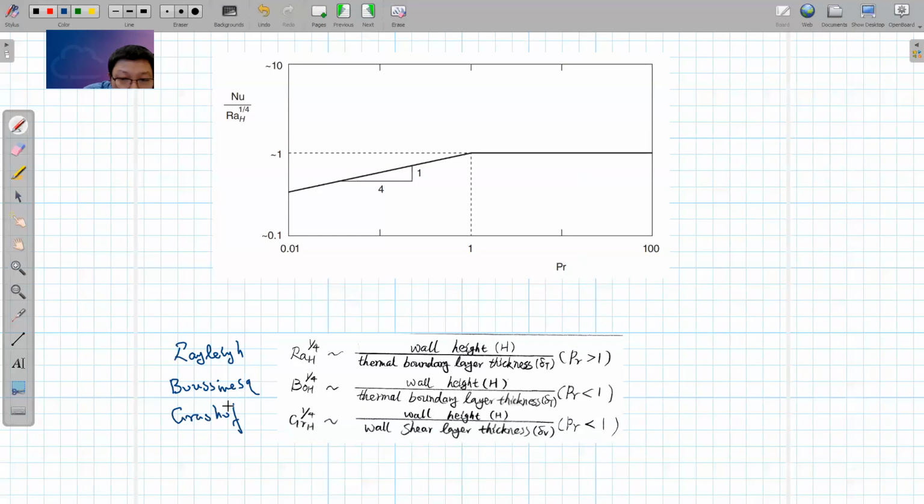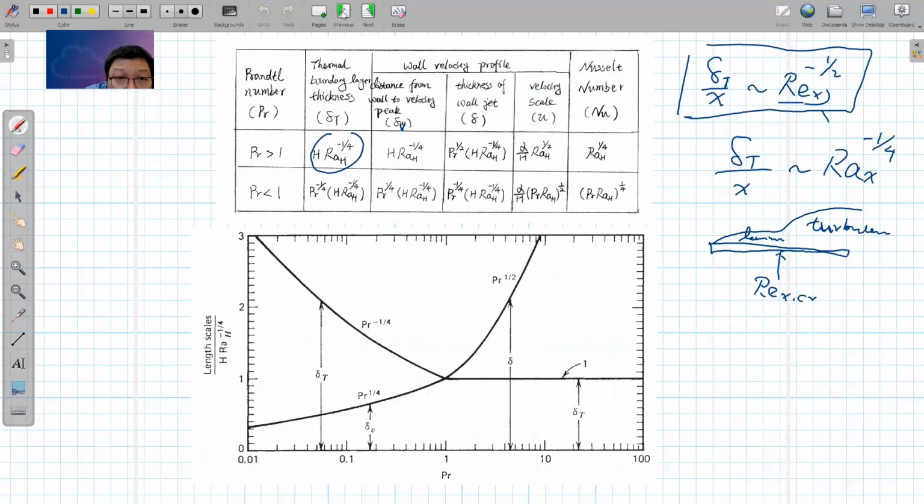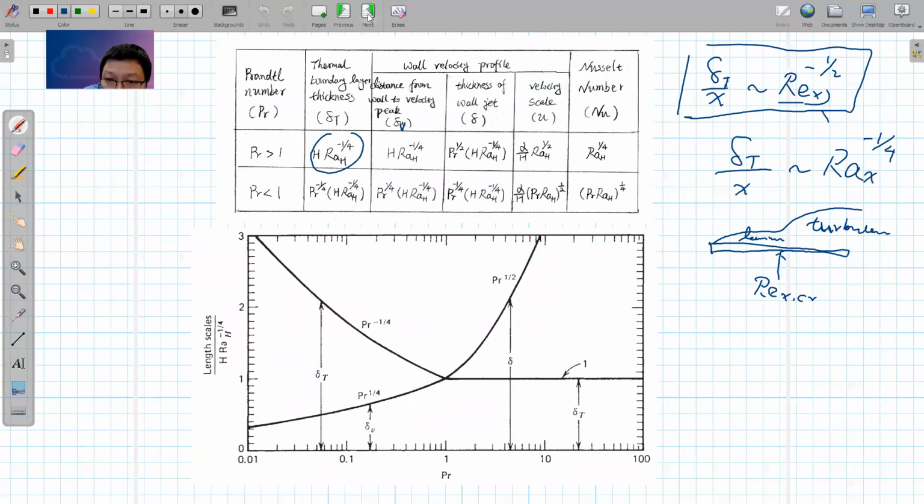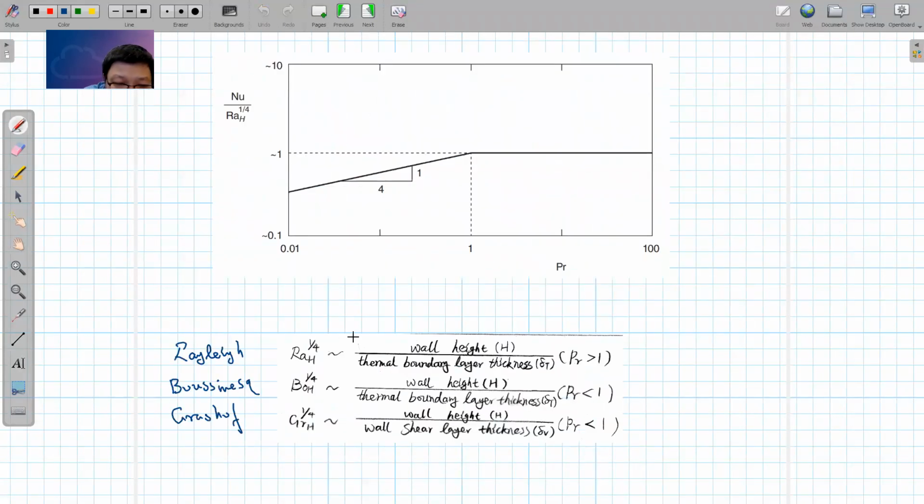And their correlations are also given here. The Grashof number is basically the Rayleigh number divided by the Prandtl number, and the Boussinesq number is basically the Rayleigh number multiplied by the Prandtl number. And there's a meaning.